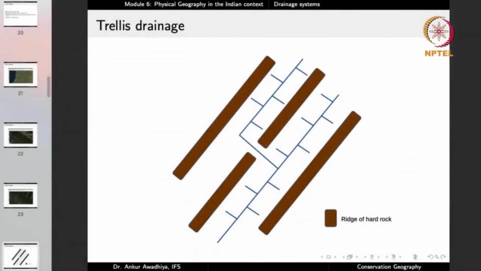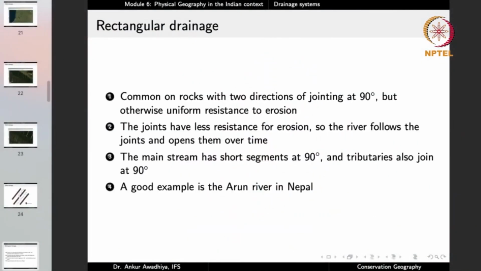And typically in the case of the tributaries, you have slopes on both the sides, because of which their sub-tributaries also join them at 90 degrees. So this is a trellis pattern, and as you can very well understand, this is an accordant pattern. It moves along the landscape. In this case, the rivers are not cutting through the landscape in whichever way they want, they are following the landscape. So this is the trellis drainage pattern.